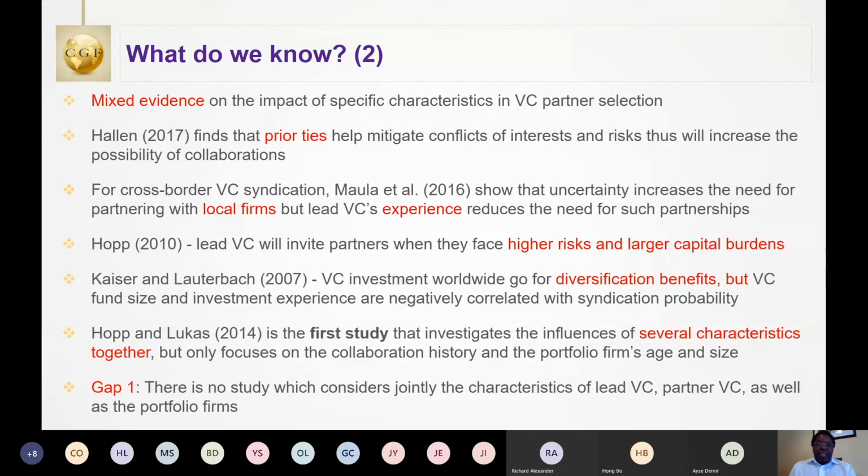So as we can see, prior ties have been identified. Involvement of local firms has been identified. Experience of the venture capital firm has been identified.